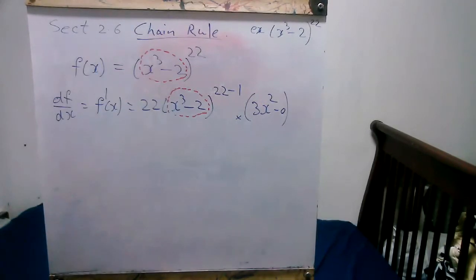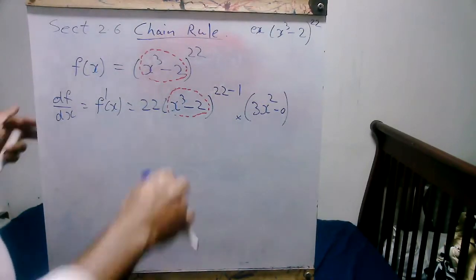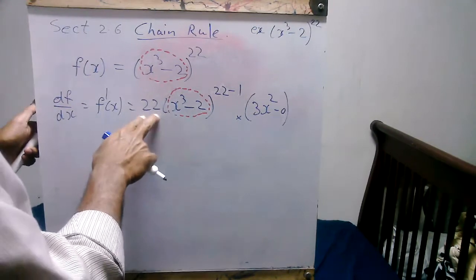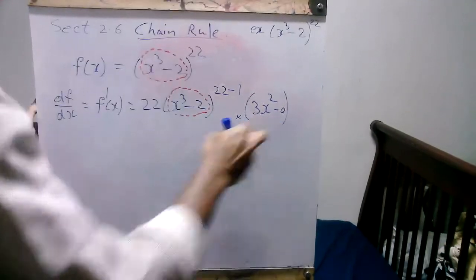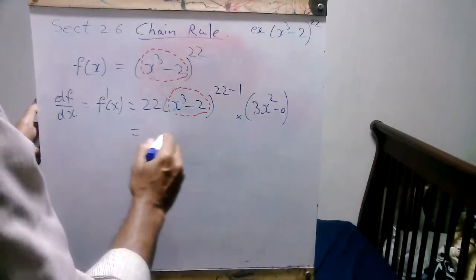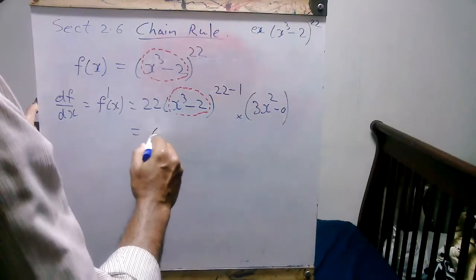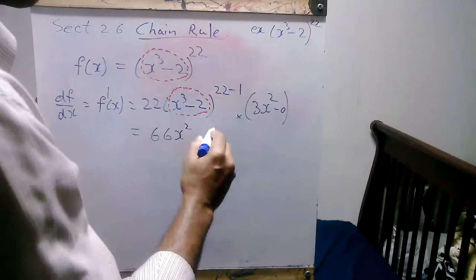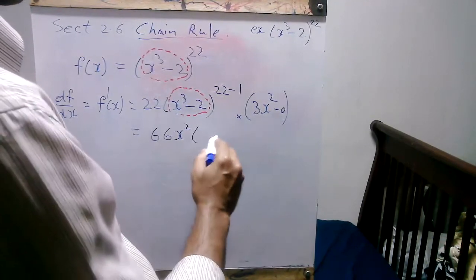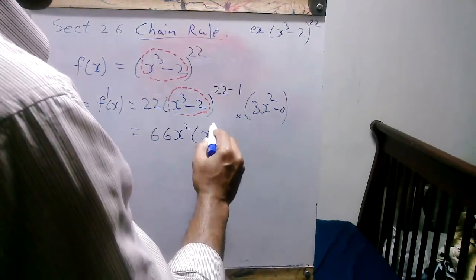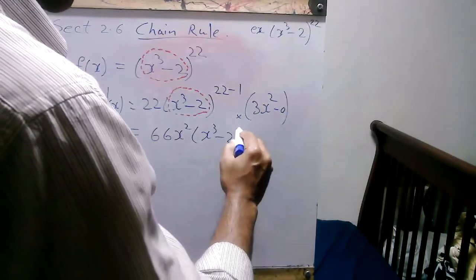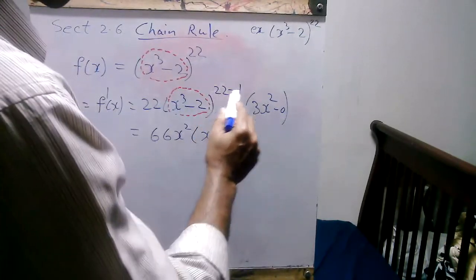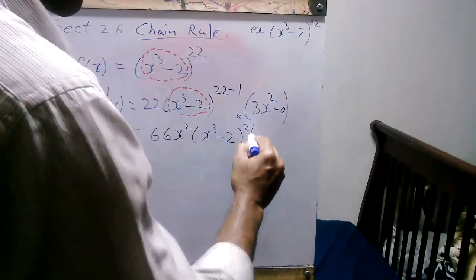Then simplify this a little bit. We can multiply this 22 and 3x squared. We get 66x squared times (x cubed minus 2) to the power 22 minus 1, which is 21.